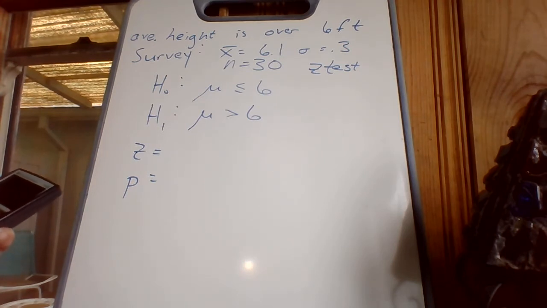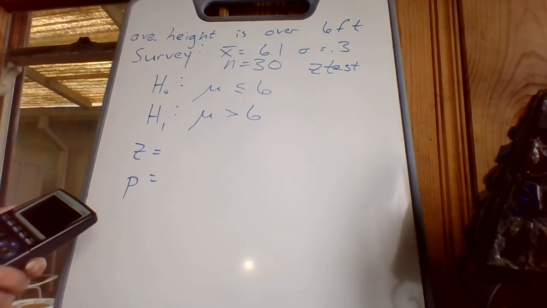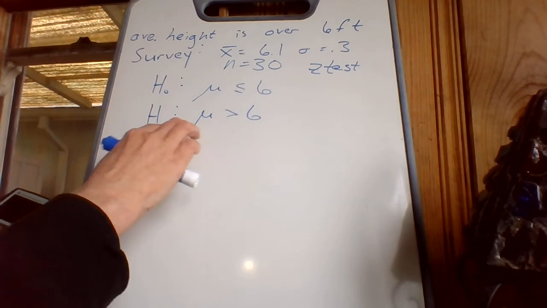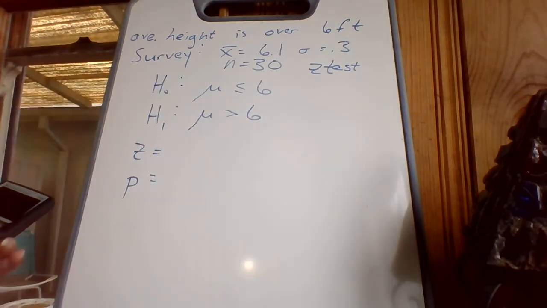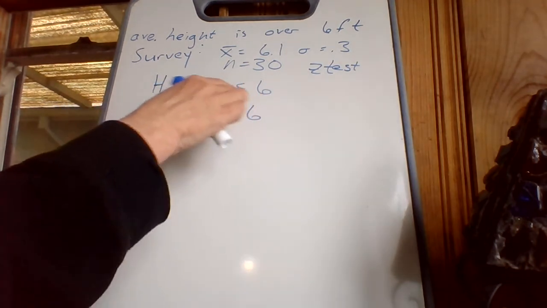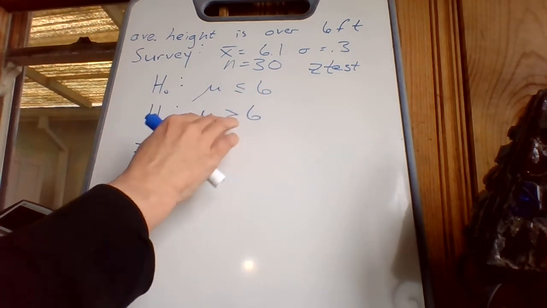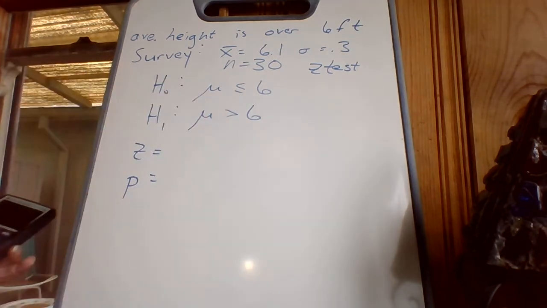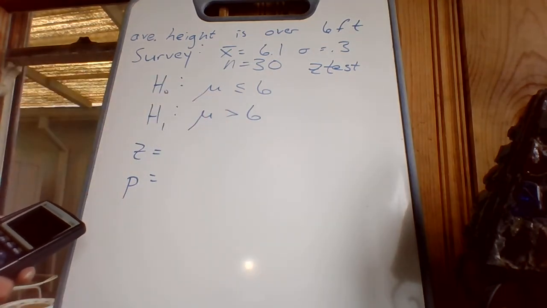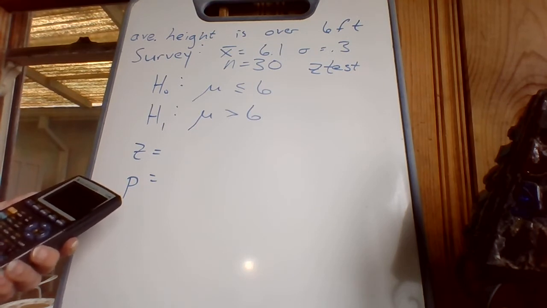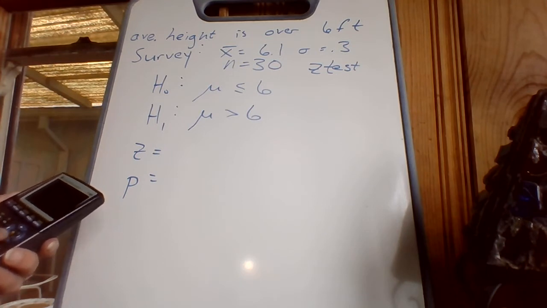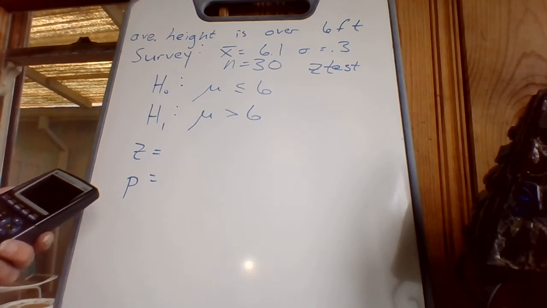And then there's that line underneath that says not equal to mu0, less than mu0, greater than mu0. That was what you were supposed to match up with whatever is H1. You can never match up with H0 because there's no or equal to. This is how the calculator is taking into account you wrote down something in your hypothesis. So I got to match that up with greater than, and hit enter to make it stick, and down to calculate.